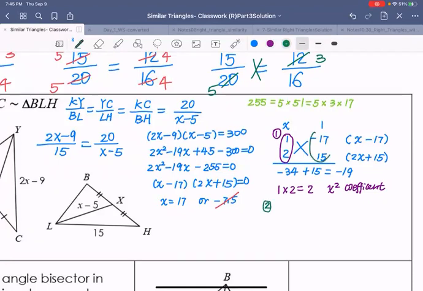These two guys, products, match the constant term. You cannot say, I'm going to just make this as positive. No, if this is negative, you have to make this guy to be negative. That's step 2.